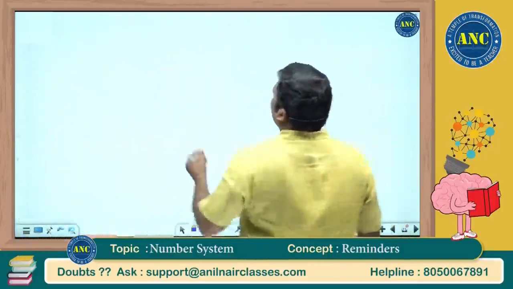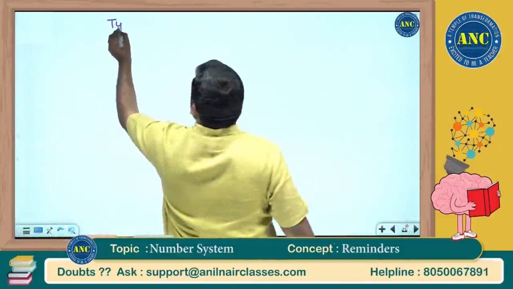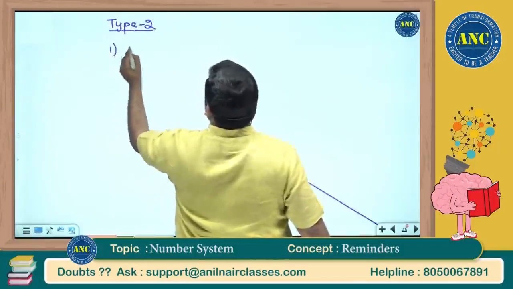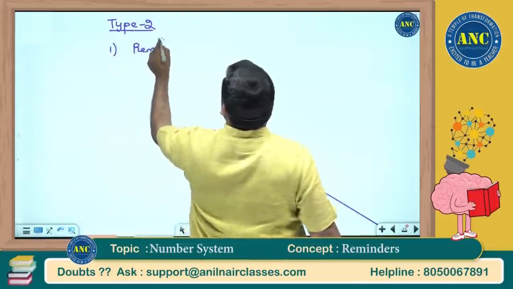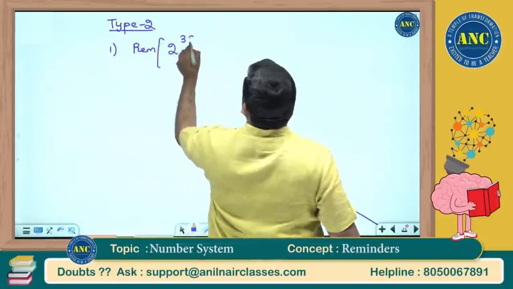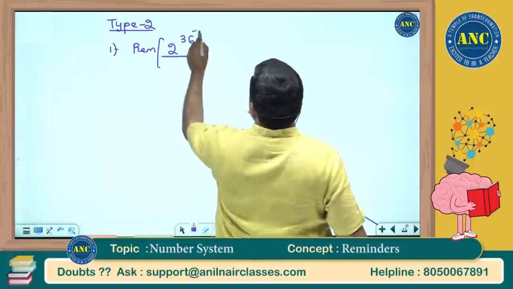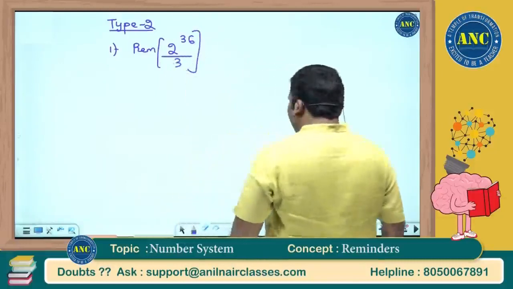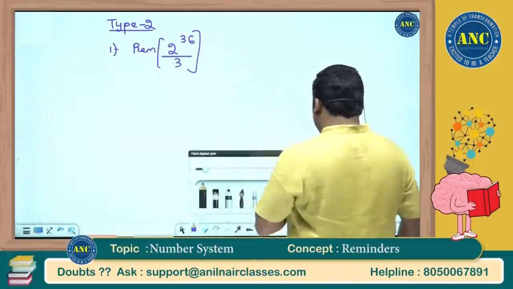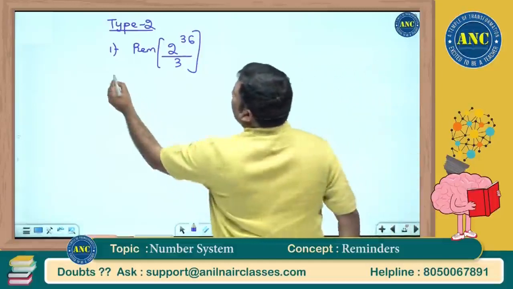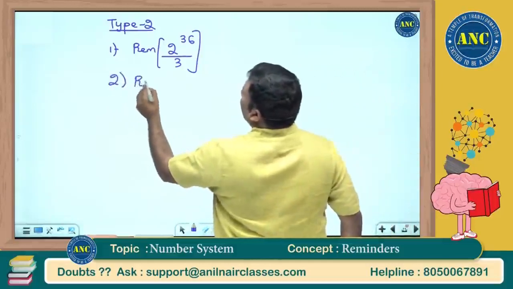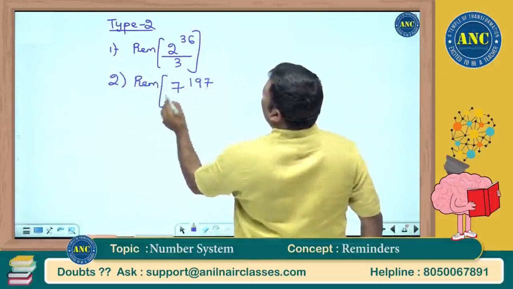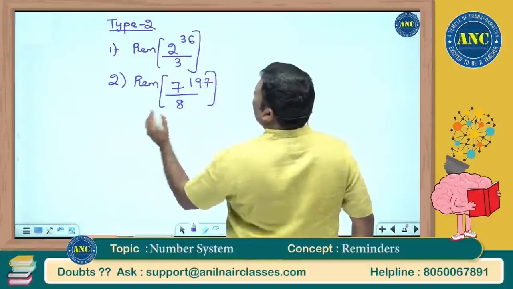Type number 2. Type 1, we did a multiplication. Type 2, first question: 2 power 36 divided by 3. Second question: 7 power 197 divided by 8.